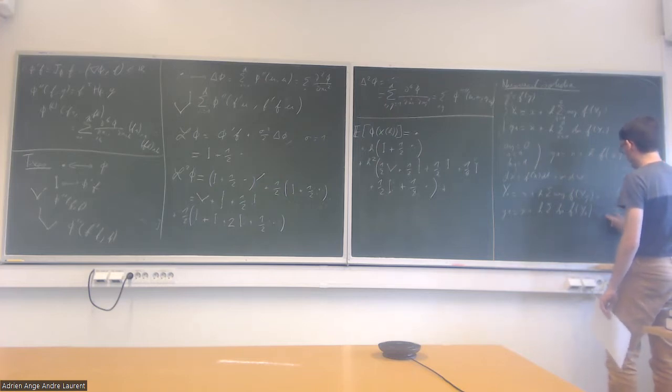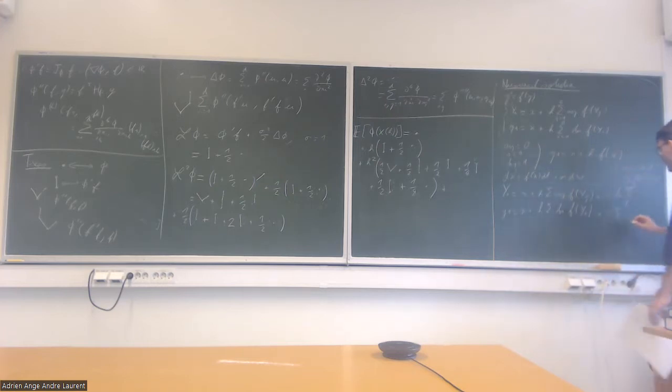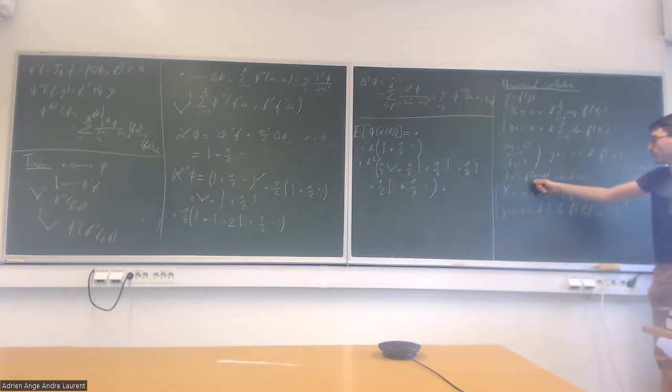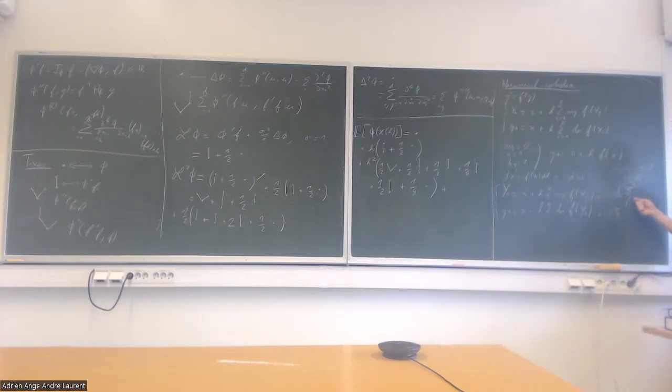I have fixed sigma equal to 1 and so on. You can add some more noise, you're free to do whatever you want. So the idea is that you build some approximation of f of x by taking some intermediate points, and you just replace dW by a random variable that has the same law.